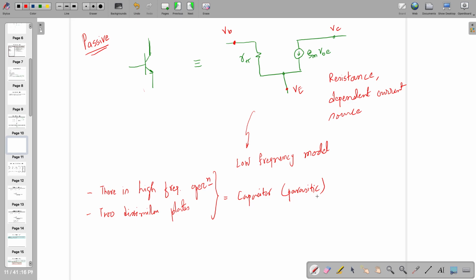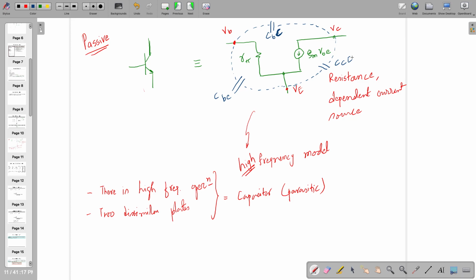And if I want to operate the model at high frequency, I am going to introduce a few more capacitors, and you can name them CBC, CBE, and CCE, right?